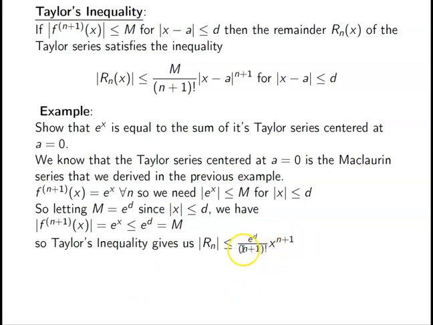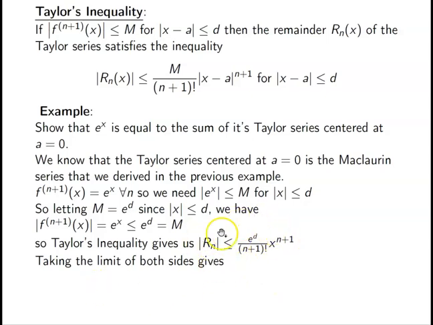So again, this value is really going to be determined by what the remainder is, right? If I'm taking a 10th degree Taylor approximation, then n is 10, and then I can plug in values here. E to the d, although I don't have a value for d, I know that I can bound it, though, by |x| to the 11th power here, and then 11 factorial, right? Because it's n plus 1.